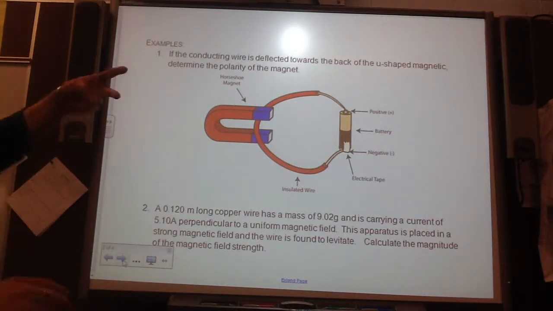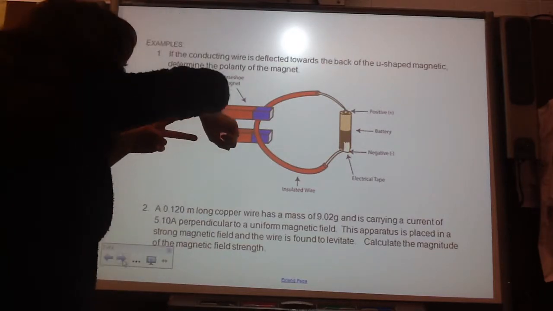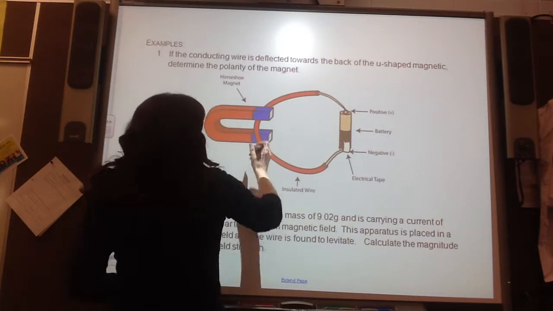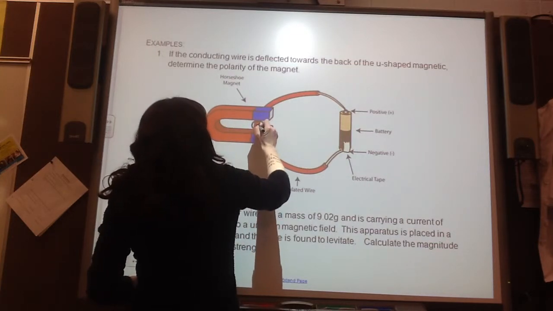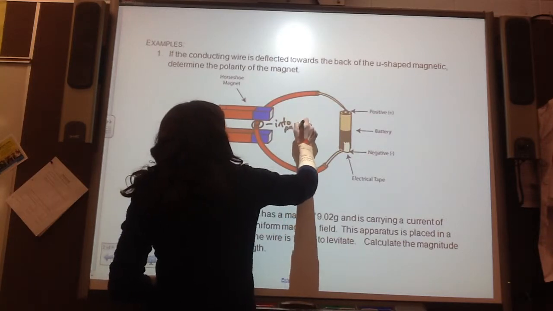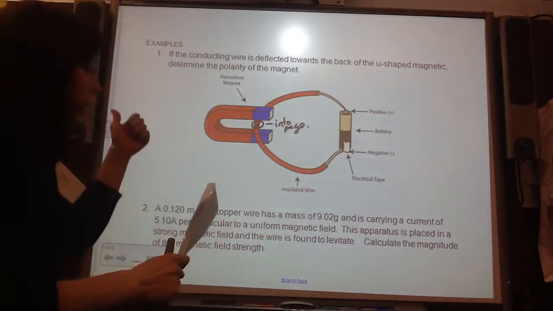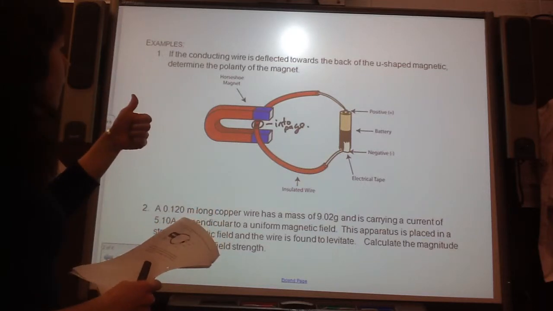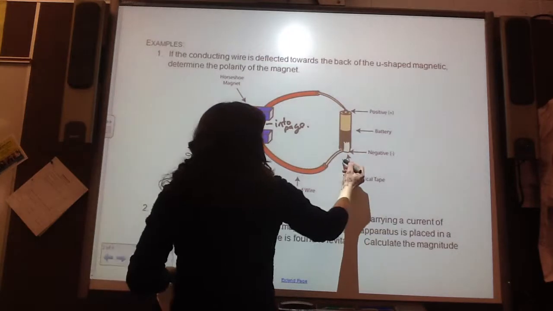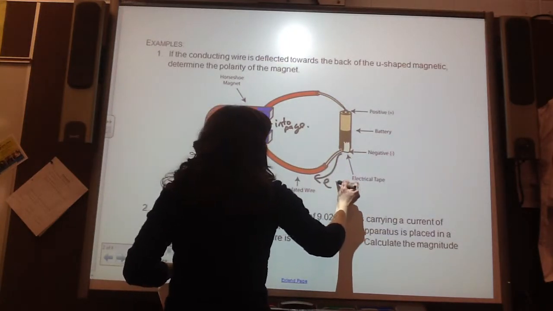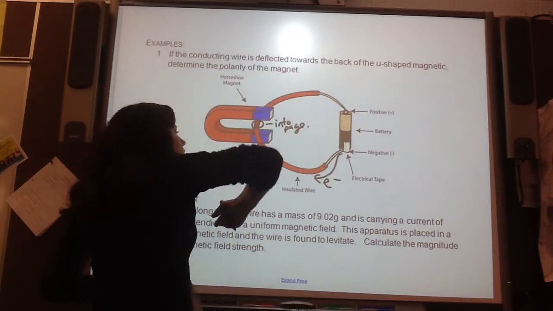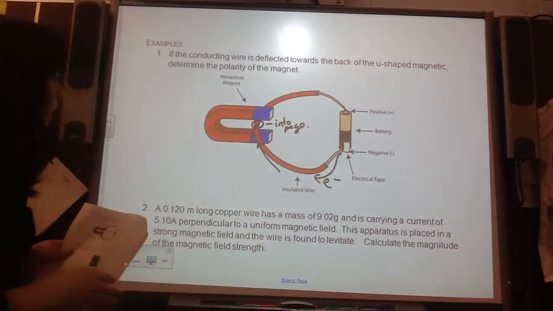So here, I would actually draw an X with my wire, so it's going into the page. Oh, and I can use my thumb because I'm using an electric current. So here, it's coming out of the negative. Here's my electrons, and that's why I know it's going this way. So I know it's going into the page in my diagram.